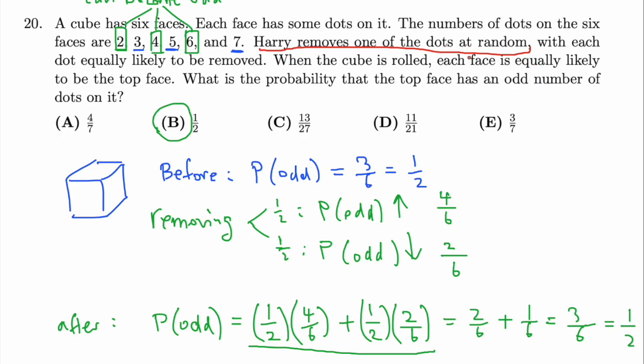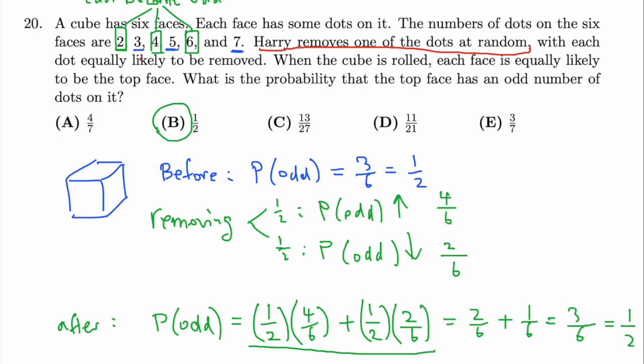So what this means is that this changes our probability here and here. If he picks one of these ones, we can calculate the probability that he picks from these versus one of the 3, 5, or 7. If he picks from the green circle, the ones I circled in green, then we're going to increase the probability of odd numbers to 4 over 6.